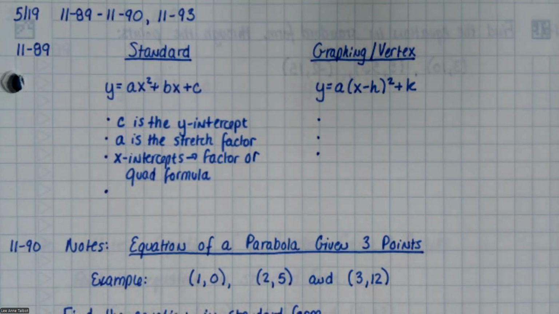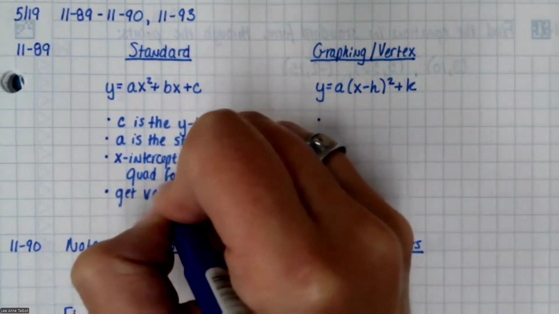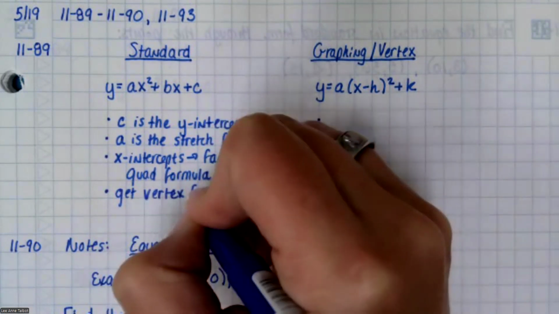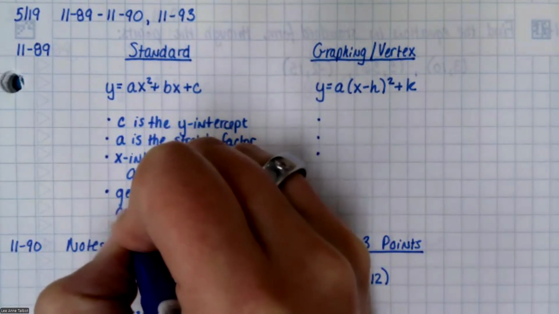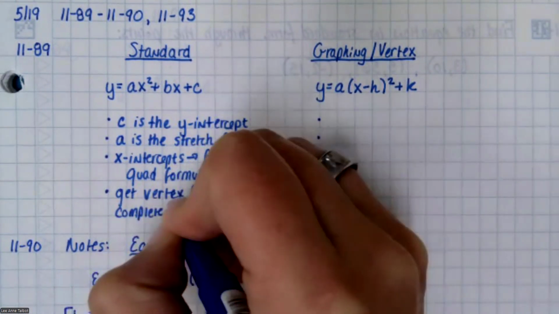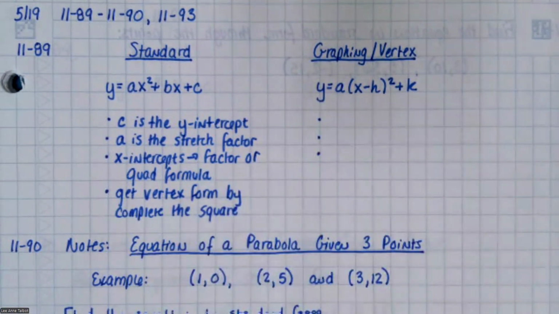X-intercepts can be found by factoring or doing the quad formula. You could also complete the square, but we do that rarely. And then you get the vertex form by completing the square.